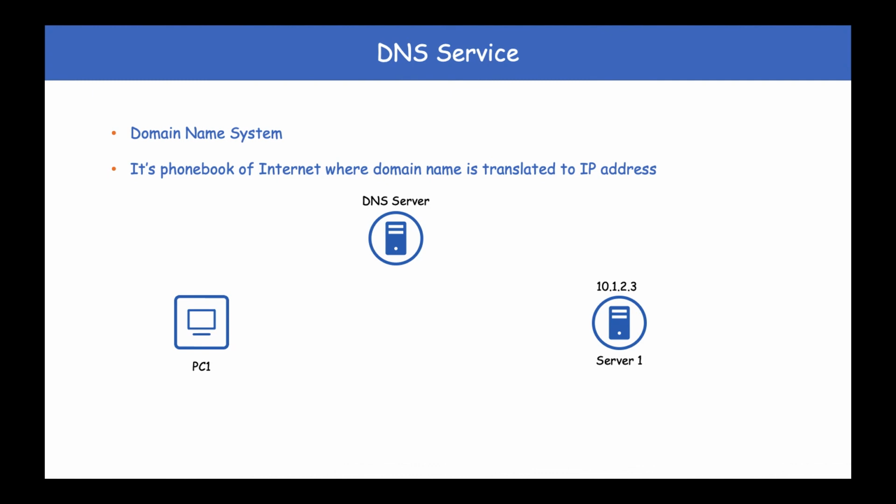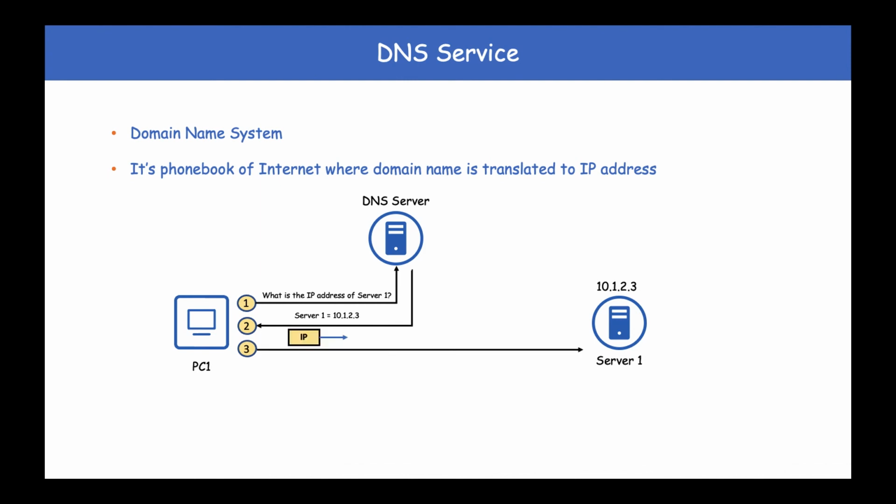That is how the computers communicate with one another. So PC1 asks the DNS server what is the IP address of server 1. The DNS server, on receiving such a request, replies back that it knows server 1, it resides on 10.1.2.3. So whenever PC1 now wants to communicate with server 1, it sends an IP packet to 10.1.2.3.